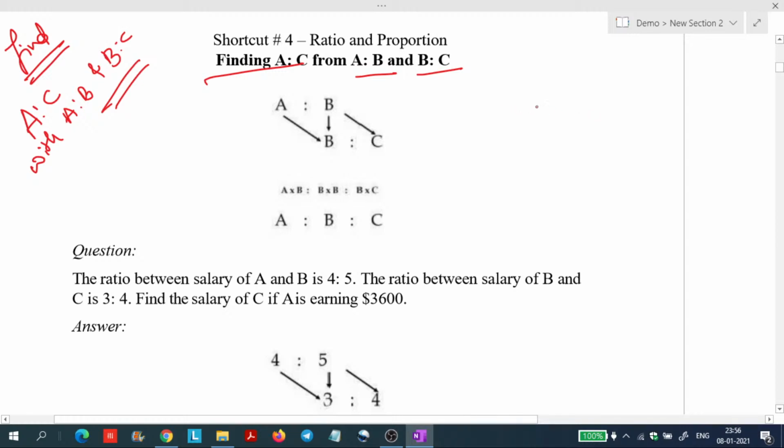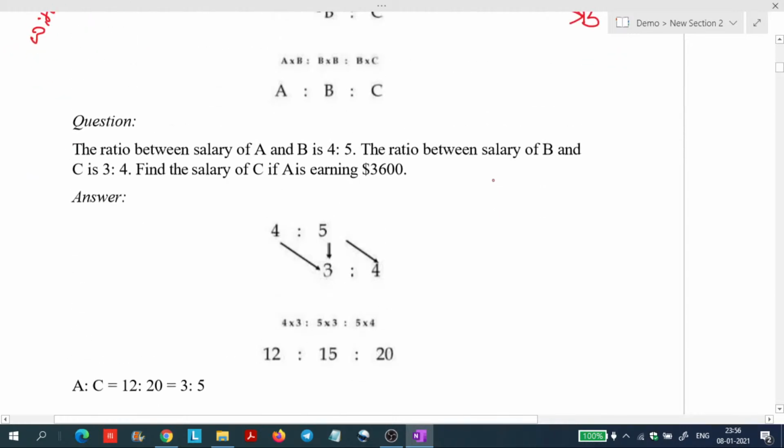The given is A is to B, and B is to C is also given. So here the formula is A into B, B into B, then B into C. So that is A, B, C.